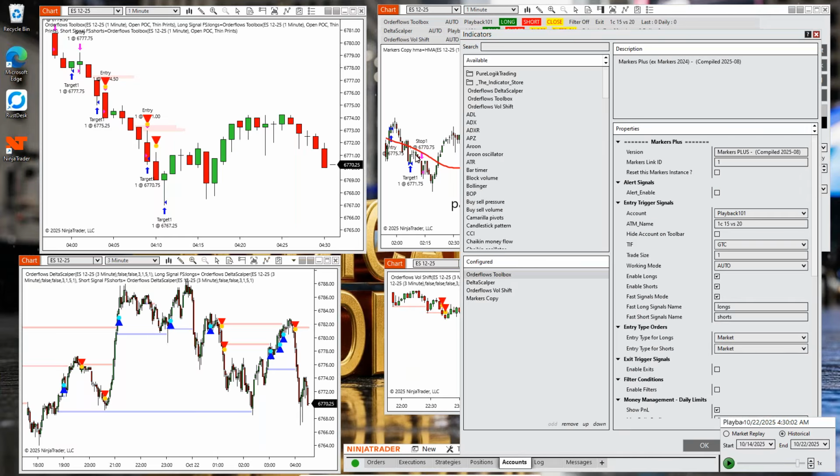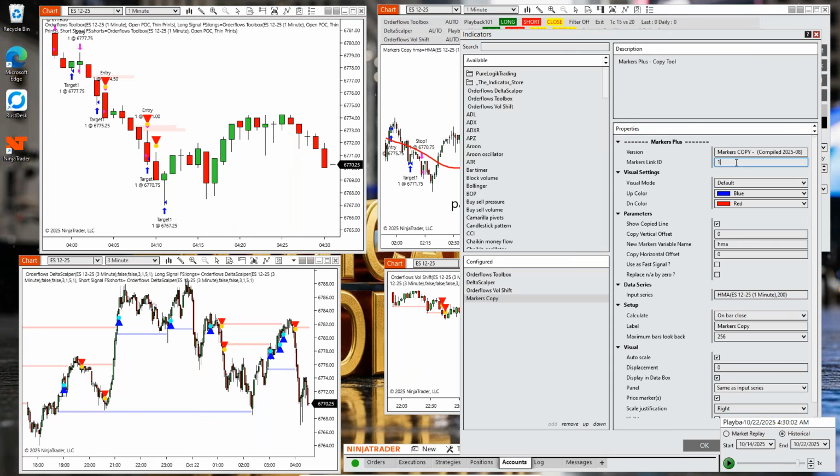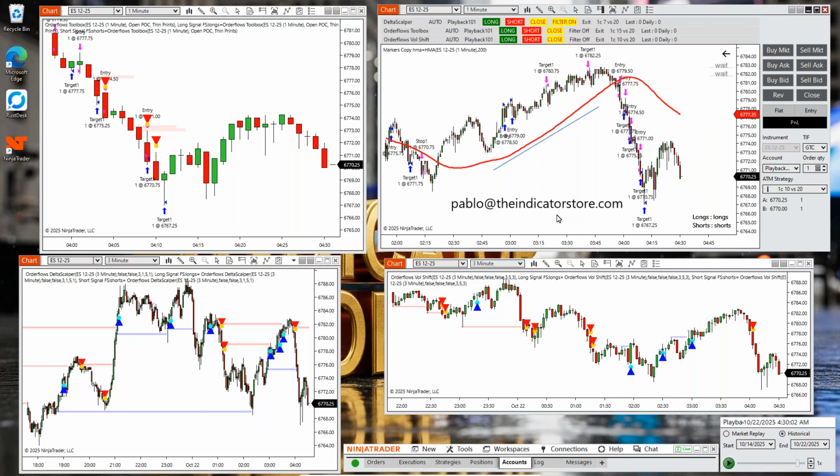The Delta Scalper is using the link ID number 2, and I copied with the link ID number 1. So I need to use the same link ID. Okay. Now, longs are disabled because the line is going down, and also the price is below the line. So only shorts are enabled because the close is below the line.